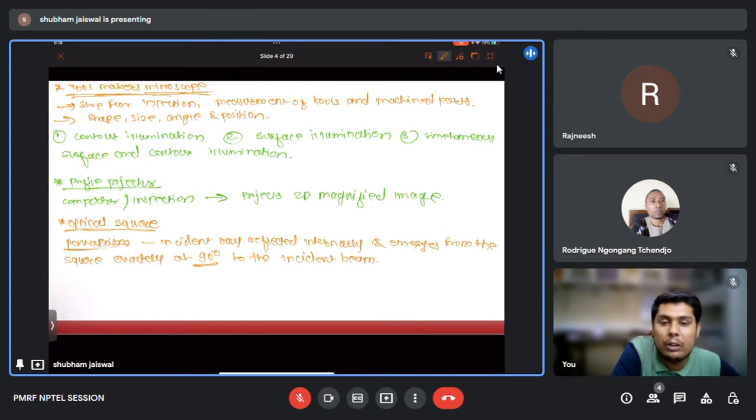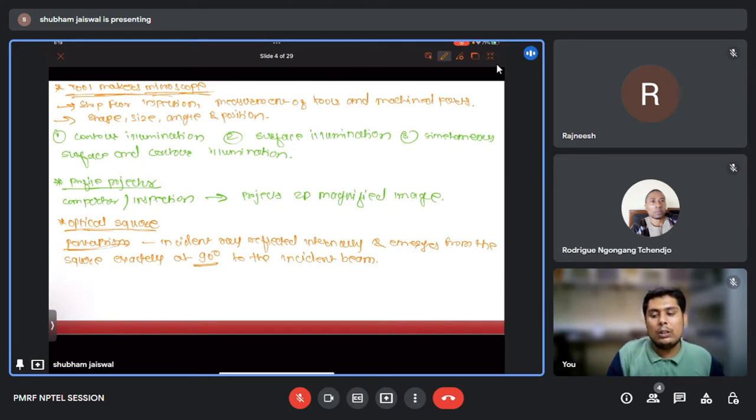As the pentaprism reflects the light internally, there will be no effect of any tilt or misfit of the instrument. If we have a tilt error or some misfit error, it will not affect the angle that is reflected by the pentaprism. It will always be 90 degrees to that of the incident beam.